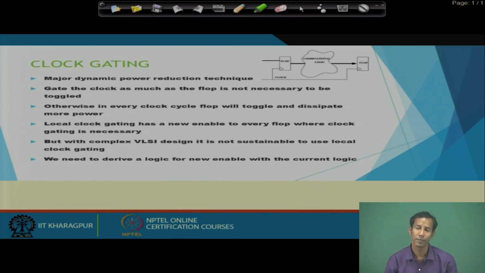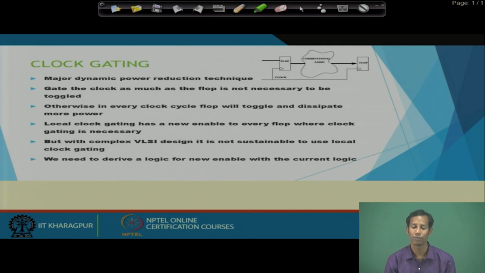One of the major techniques to reduce this power consumption is clock gating. The clock tree is the major contribution to overall switching power. So if we can kill the switching, because all the time, though the circuit is in idle mode, I am still supplying the clock, which unnecessarily consumes power.